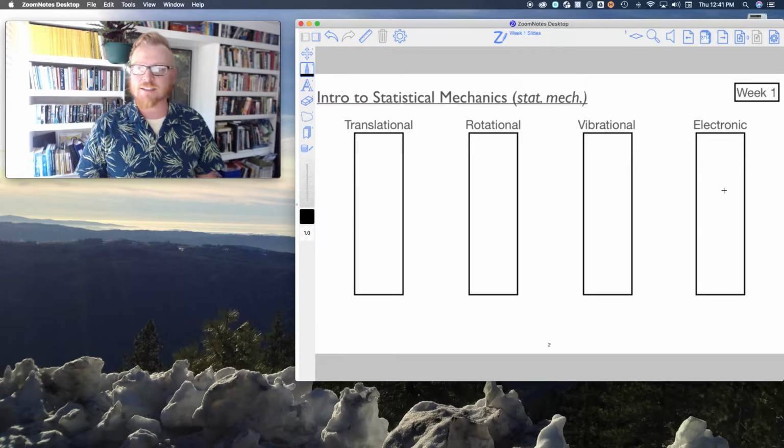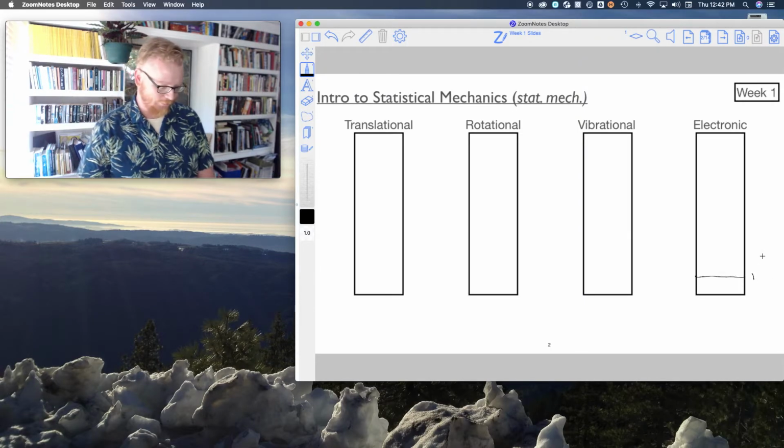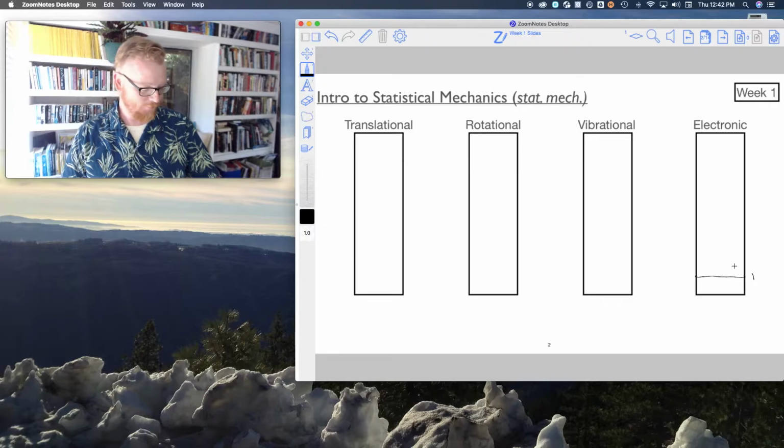I want us to think of these boxes as energy. And in these boxes, I'm going to talk about how much energy we can get out of these things. So the first thing that I'm going to do is draw a line right here, and I'm going to call that level number 1. That's the ground state.